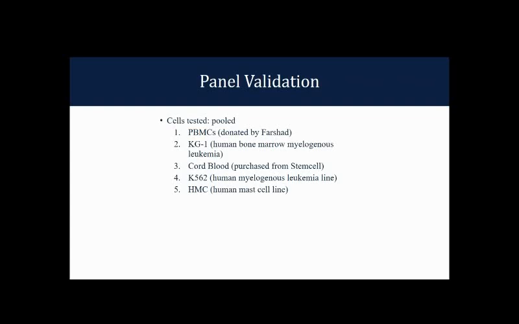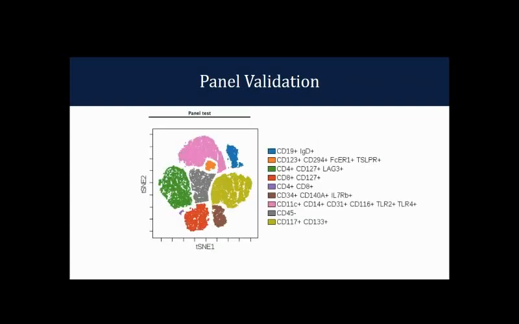You grow up and then create a cocktail of cells that you know will express the markers that you're inserting and validating at the time of testing. So what we have here is a pool of 5 cell types that we then tested. Mostly this was validating a CD34 antibody that wasn't working, as well as an IL-17 receptor antibody.